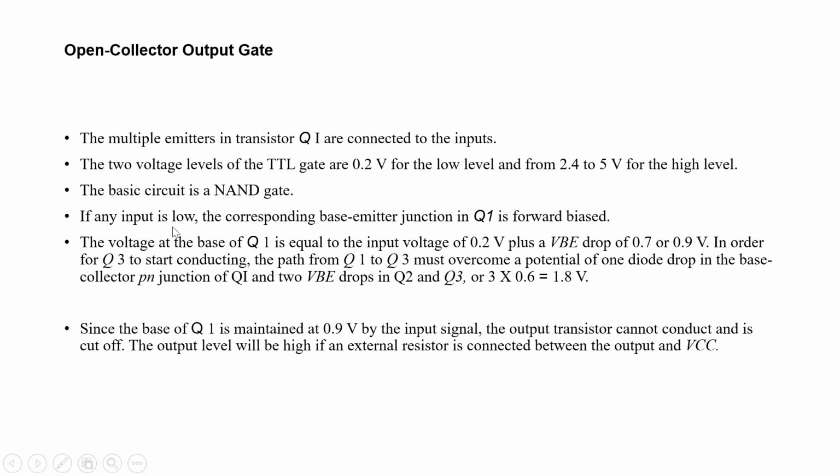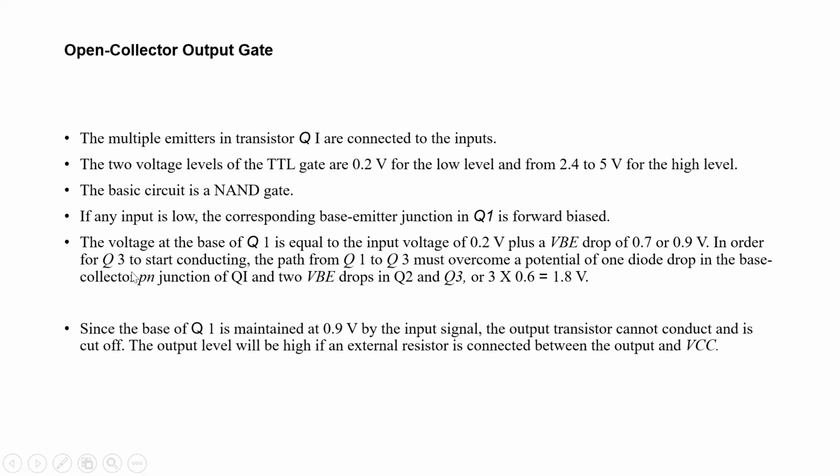If any input is low, the corresponding base-emitter junction of transistor Q1 is forward biased. The voltage at the base of transistor Q1 is equal to the input voltage of 0.2 volt plus the VBE drop. The VBE drop is either 0.7 or 0.9 volt.